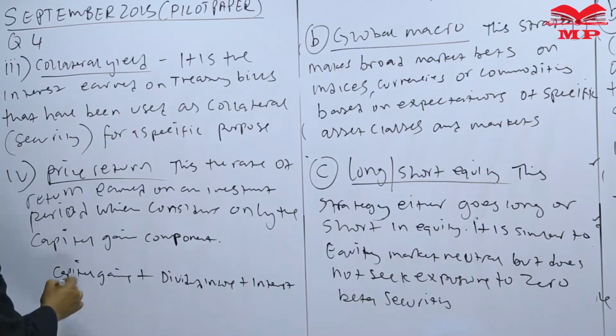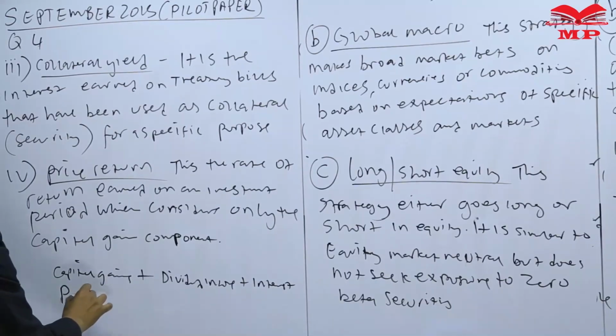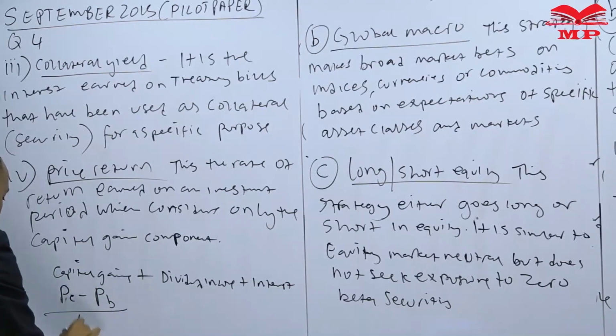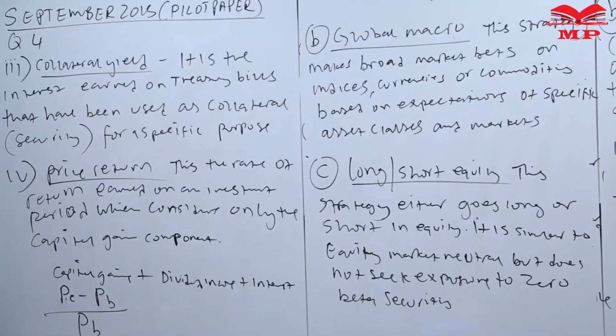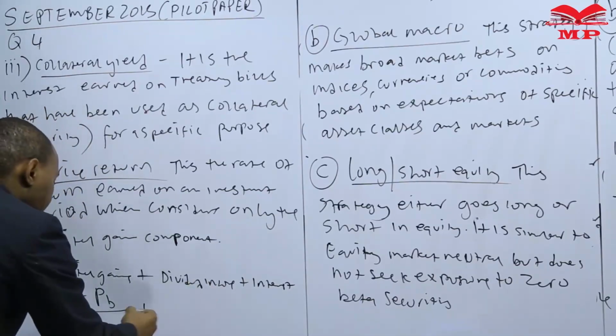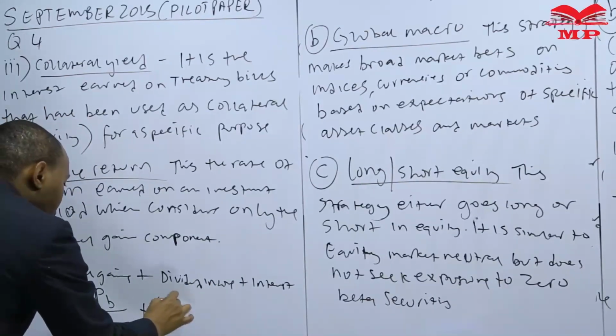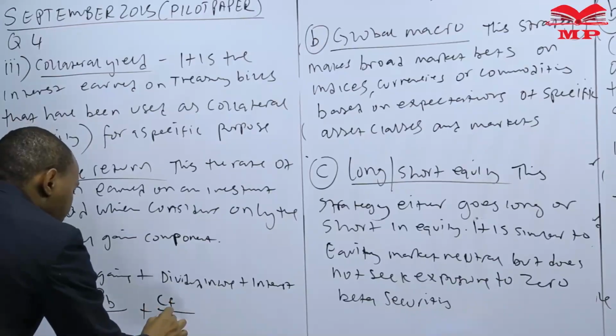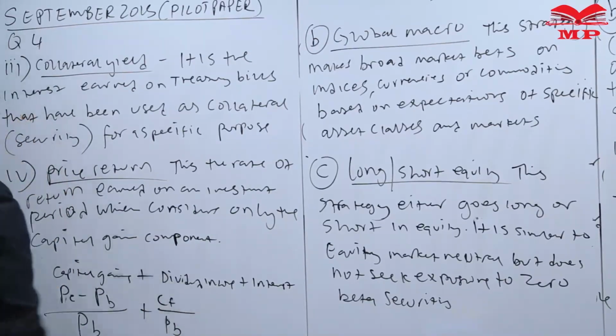Capital gains is just the price differential: the price at the end minus the price at the beginning over the price at the beginning. Dividend income is just the cash flow over the price at the beginning, which is the dividend yield.